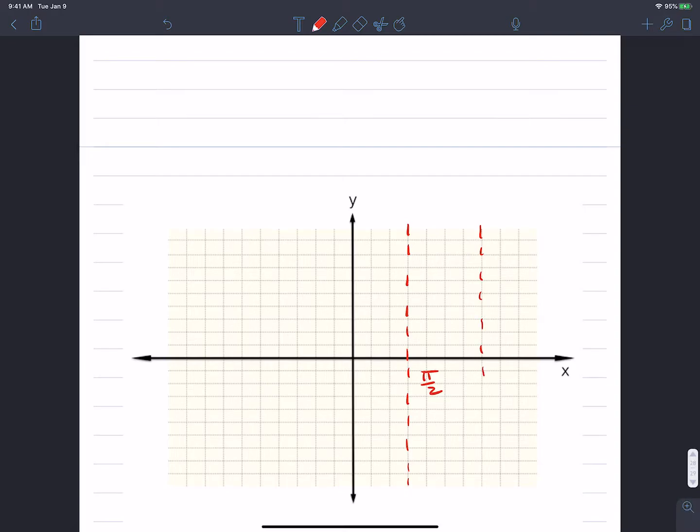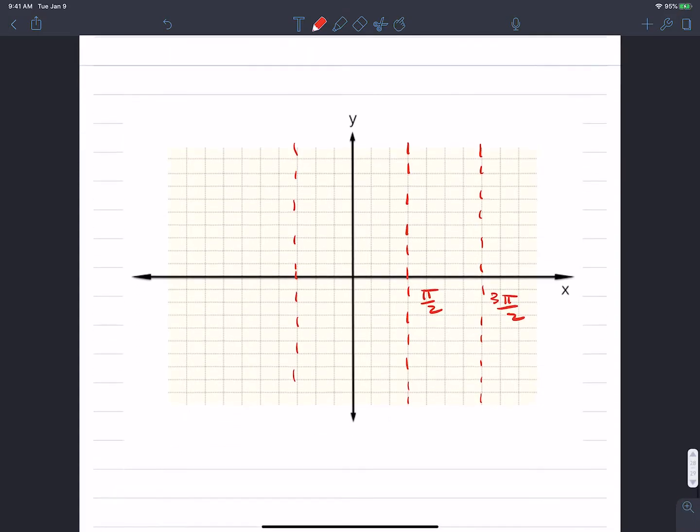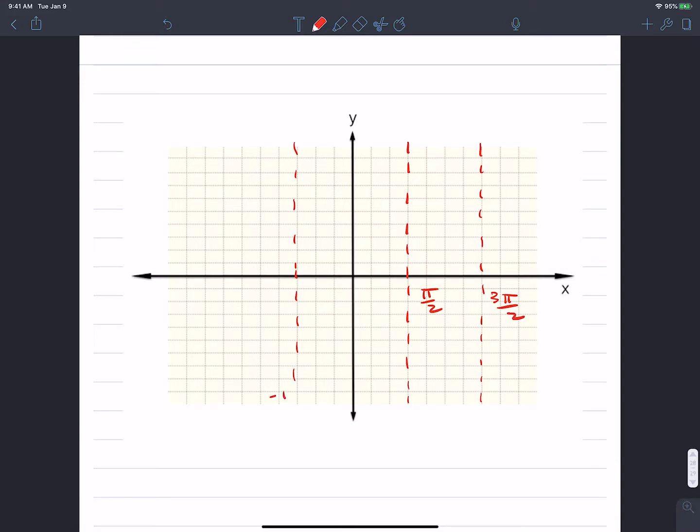Let's do something like this. 3 pi over 2. We have it on the other side too. Just to give you guys an idea, let's put negative pi over 2 down here, and then maybe another 1, 2, 3, 4. Okay, so we have a negative 3 pi over 2. These are my vertical asymptotes.